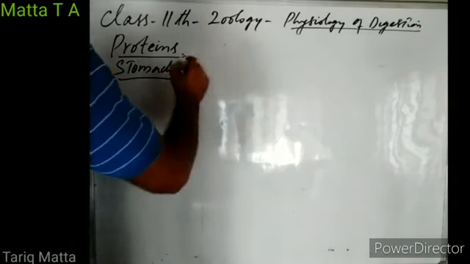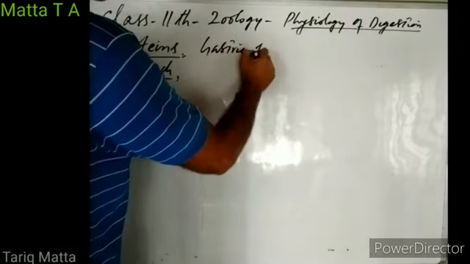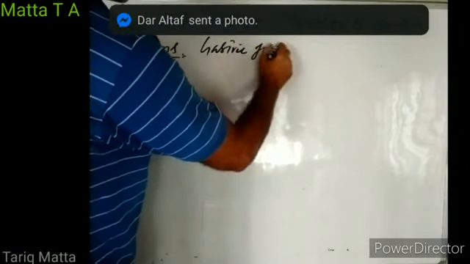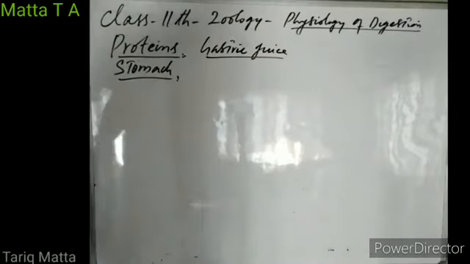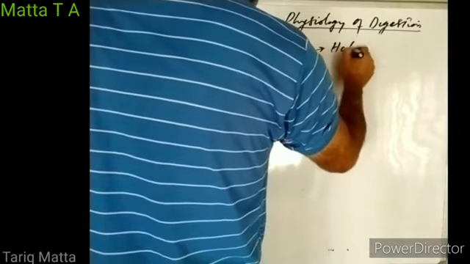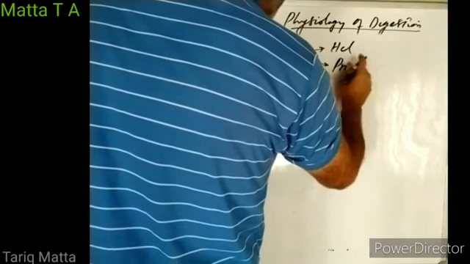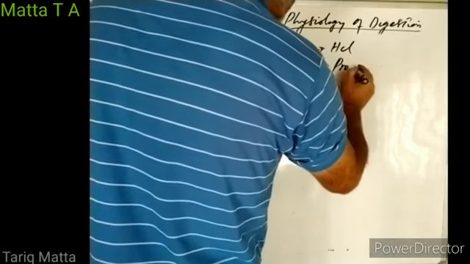So in stomach, gastric juice is released. In this gastric juice, we have got HCl. There are proenzymes. In gastric juice, we have got proenzymes.